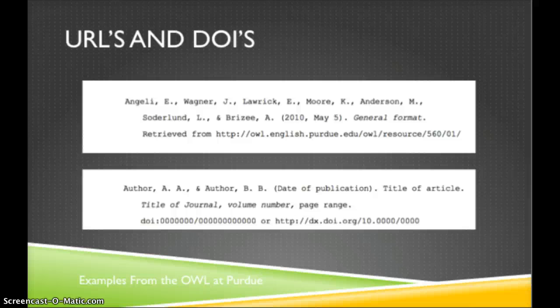In this case, I'm referencing an article back at the OWL at Purdue about, of course, how to write for APA. In the bottom example, we have a very similar structure, but instead of the URL, we have what's called a DOI. A DOI is a document information number. And many articles now are providing these, and it's an easy way to reference what that specific article is and to find it again and again and again when a URL is not always useful.